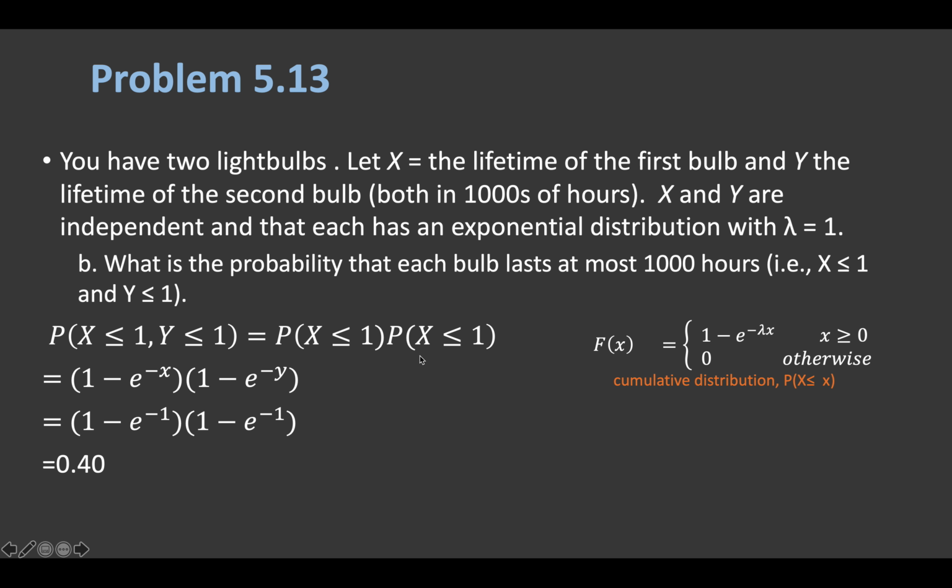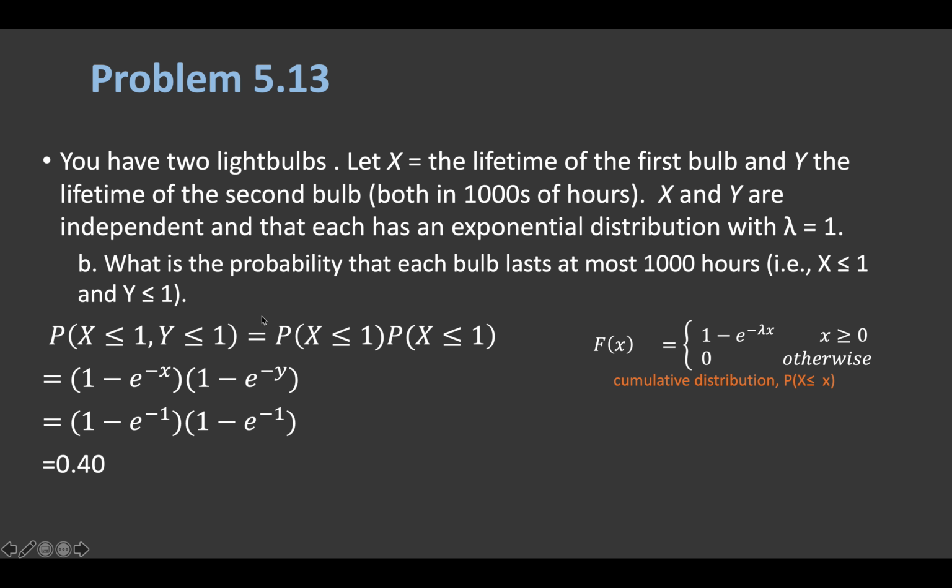And remember, when we're trying to find the probability of being smaller than or equal to something, we use the cumulative distribution function. For the exponential distribution, the density function f(x) equals lambda e to the negative lambda x, but the capital F(x), the cumulative function, equals 1 minus e to the power of negative lambda x, with lambda equal to 1.